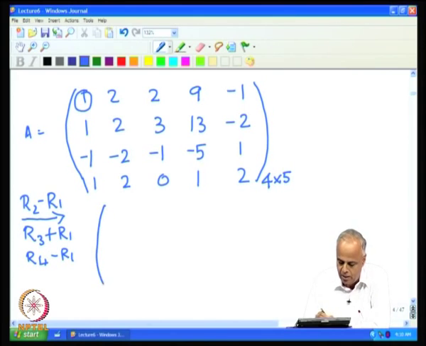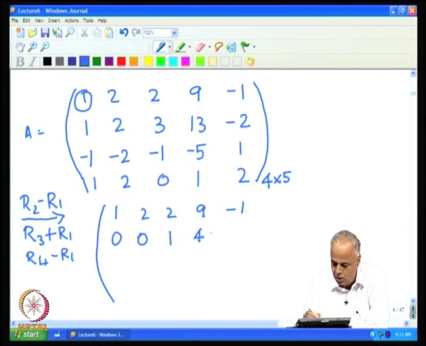And what do we get? We get 1, 2, 2, 9 minus 1. Now R2 minus R1 gives me 1 minus 1 0, 2 minus 2 0, 3 minus 2 1, 4 and minus 1. R3 plus R1 gives me 0, 0, 1, 4, 0.